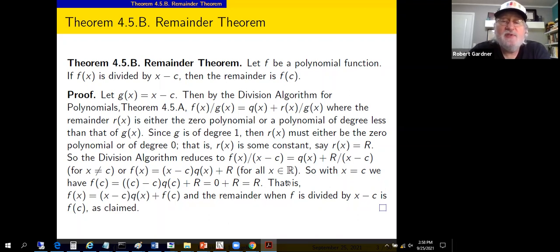And we see that f of c equals that remainder r, and that's what was claimed. The remainder is f of c. So f of c equals r, r was the remainder. So we've established the claim relating the remainder to the value of the function at this point, x equals c.